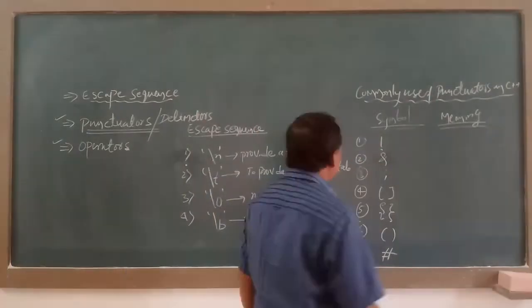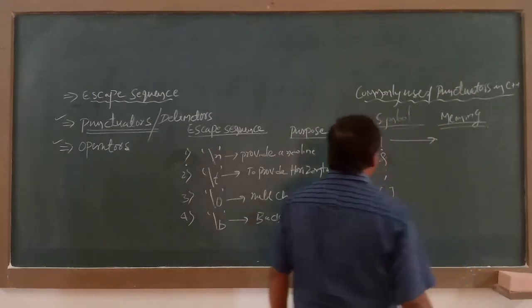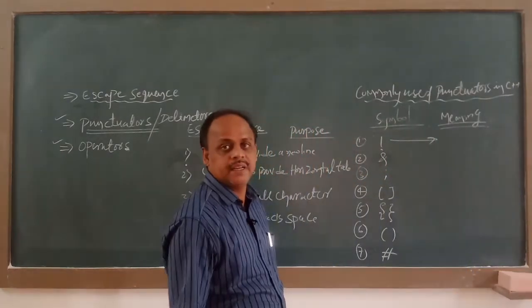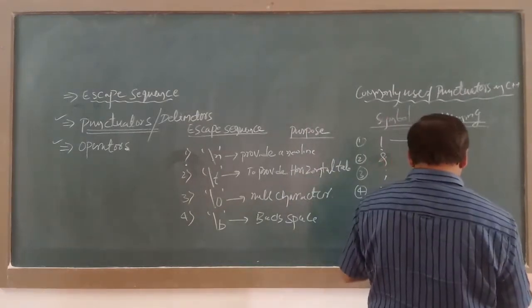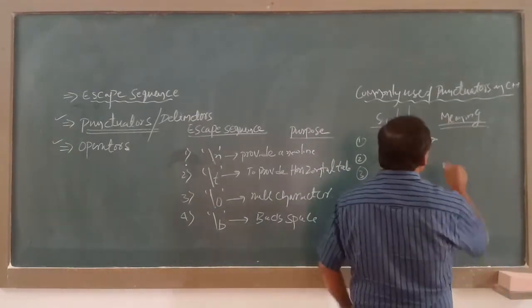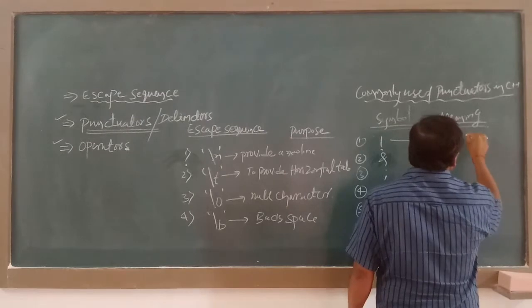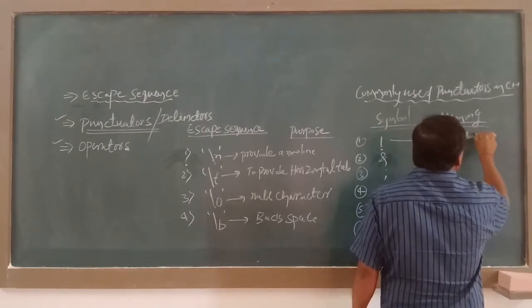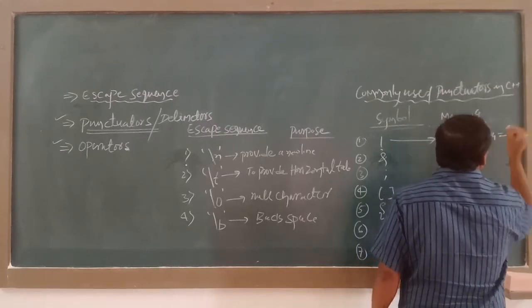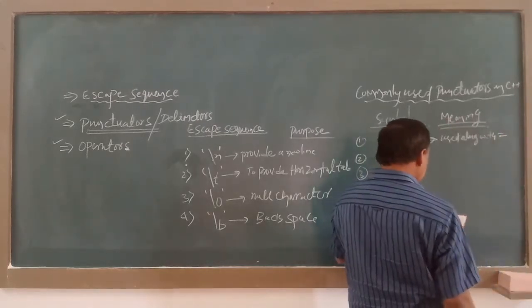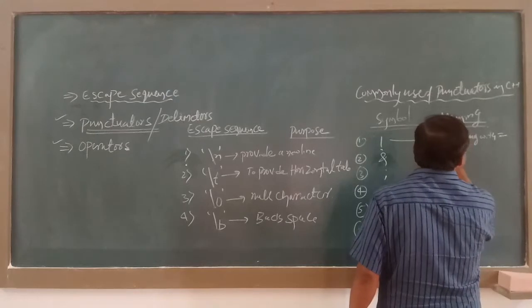The first one is this symbol, the exclamation symbol. What is the meaning of this symbol? It is used along with equal to, to indicate not equal to.